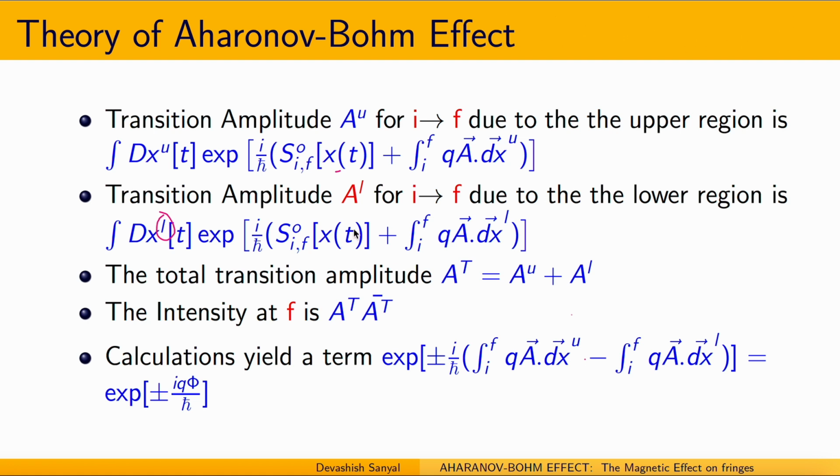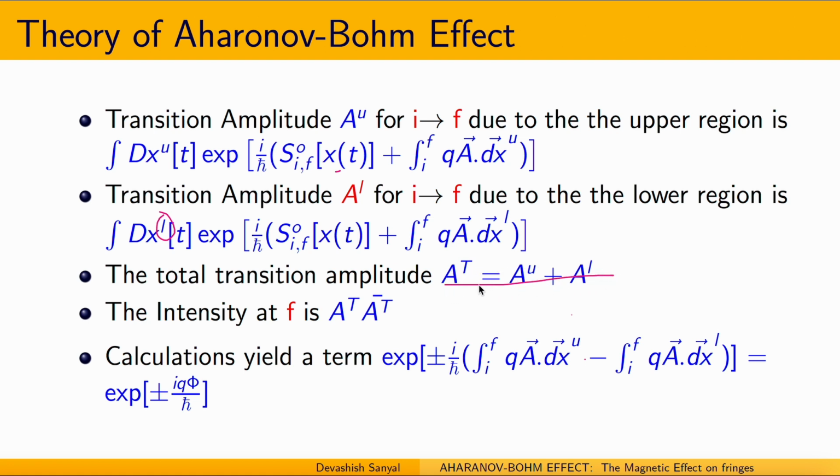This is evaluated along a particular path in the lower region, and this integral is calculated along that particular path, and then we sum over all the paths that are in the lower region, and that will give me A lower. So we have found out what A upper is, that is the transition amplitude for all the paths in the upper region. And this is the transition amplitude for all the paths in the lower region. So the total transition amplitude is this.